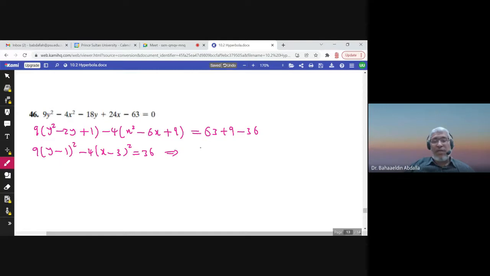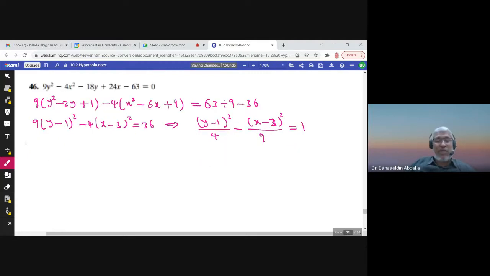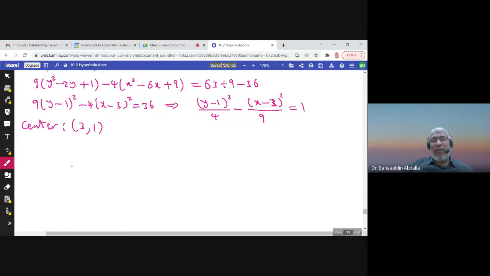Dividing by 36, y minus 1 square over 4, x minus 3 square over 9 equals 1. What is the center? X minus h, 3, y minus k, 1, so 3 and 1, and you can continue as usual.